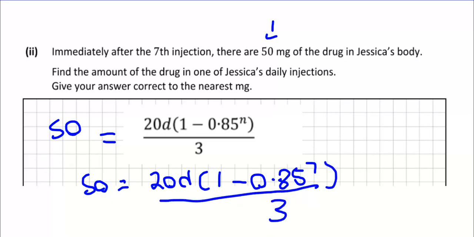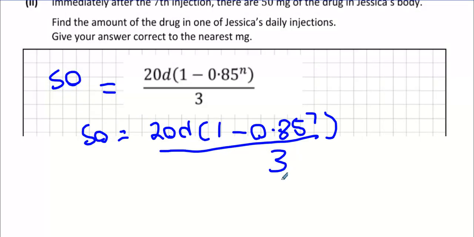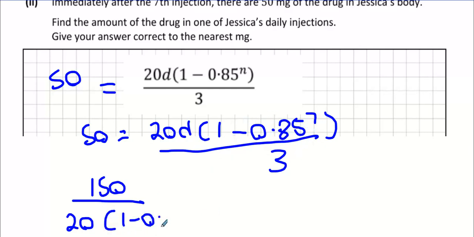Now here's what I do first. See the 3 on the bottom? Multiply that by 50. What do you get? 150. See that 20? Bring it underneath. See that 1 minus 0.85 to the power 7? Bring that underneath. Throw it all into the calculator and let's find out what D is.